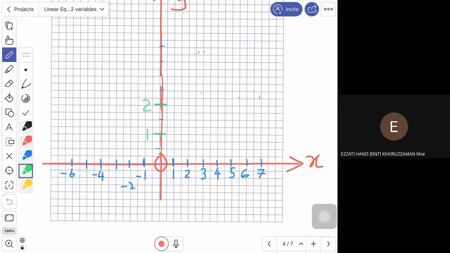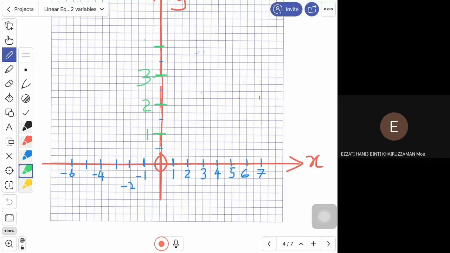Here 3. 1, 2, 3, 4. Here 4. Okay, bigger, right? For the y-axis it is bigger. You can have a different scale for a different axis.